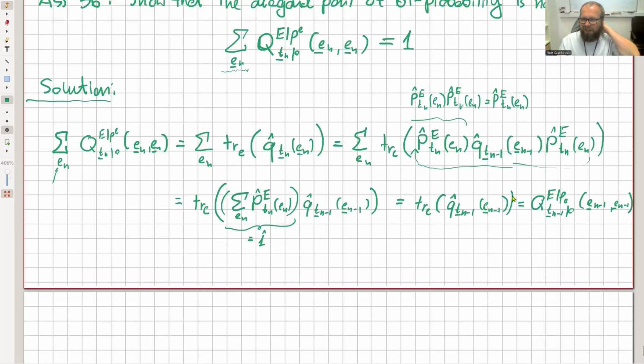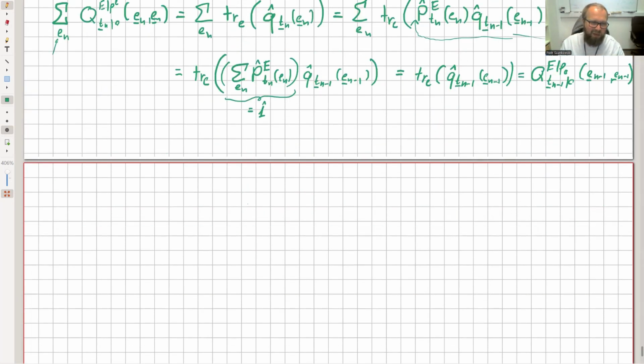So now, using this relation, we do the sum over the last one, then we do the sum over the last one of this sequence, the En minus 1 argument, and so on.